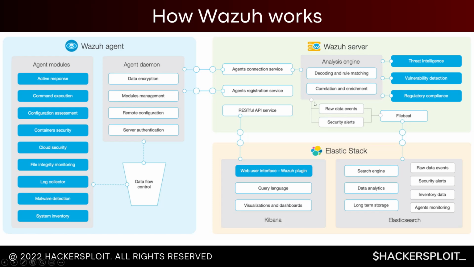And then you have the agent registration service, which is only used when you're setting up a new agent. You then have the raw data events and security alerts, and this goes into Elasticsearch. So this is the Elastic Stack, whereby you have Kibana and Elasticsearch. Kibana provides us with the actual web user interface through the Wazuh plugin.